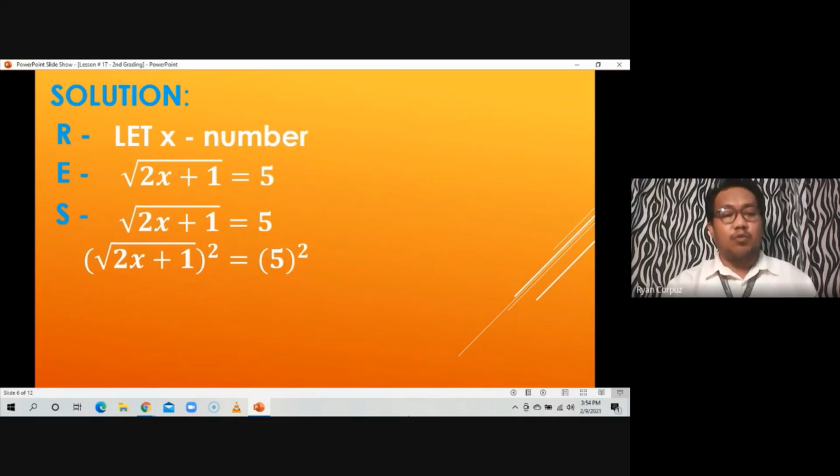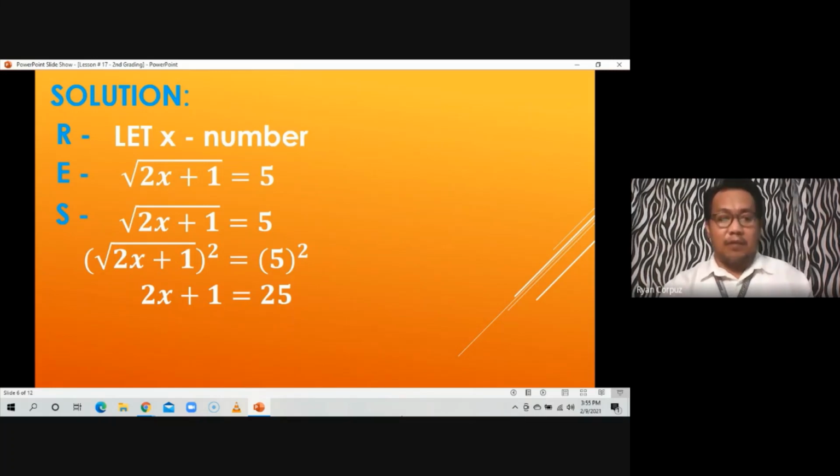The index is 2, so we raise both sides by 2. On the left side, cancel out yung square root sign at yung 2, multiply 2x plus 1. On the right side, that would be 5 squared, 5 times 5, which is 25. So magkakaroon tayo ng 2x plus 1 is equal to 25.